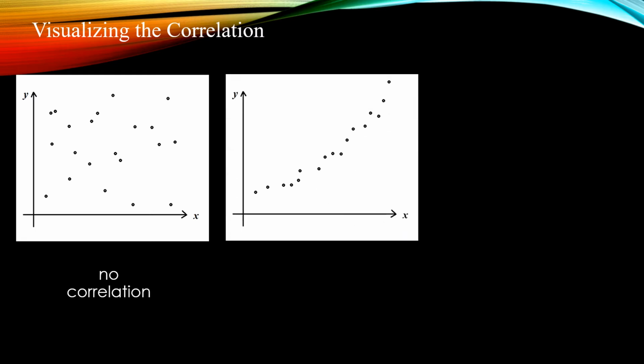There are other kinds. This graph here looks like it might not be linear. It might actually be a curved relationship, and a reasonable guess might be that this is some kind of parabola, some kind of quadratic relationship through the points.